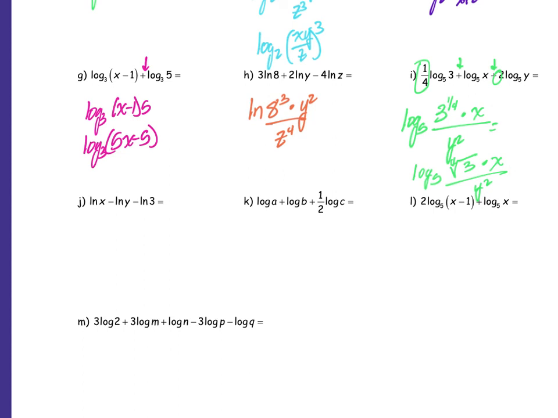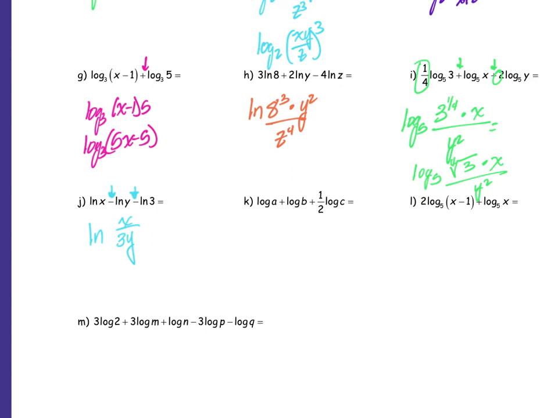Let's see. So this is a subtract sign, and this is a subtract sign. So that means it's a division. So I have natural log of x divided by 3y. Okay. No questions?